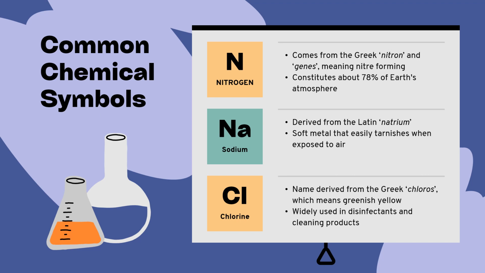That's why they took Na from natrium. It is a soft metal that easily tarnishes when exposed to air. Tarnishes means it gets destroyed when exposed to air. It is also very flammable in nature. Next is chlorine, its name derived from the Greek chloros, which means greenish yellow. It has a greenish yellow color and is widely used in disinfectants and cleaning products.